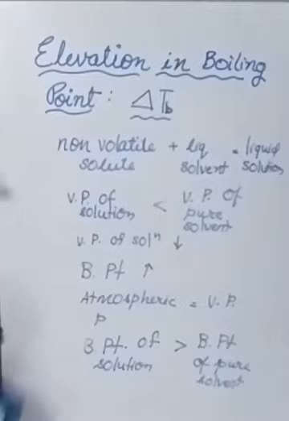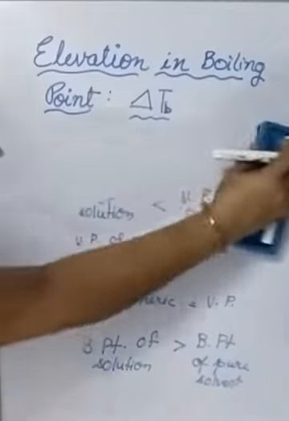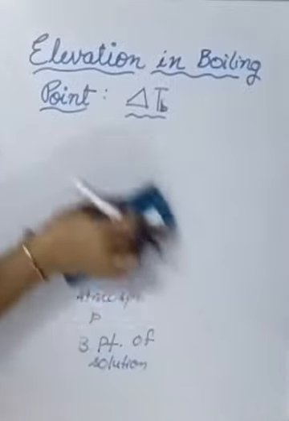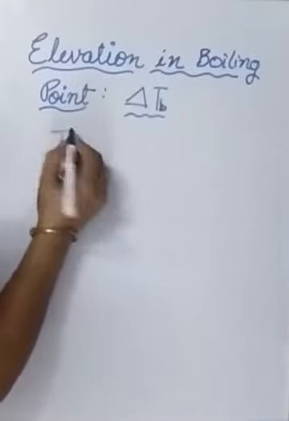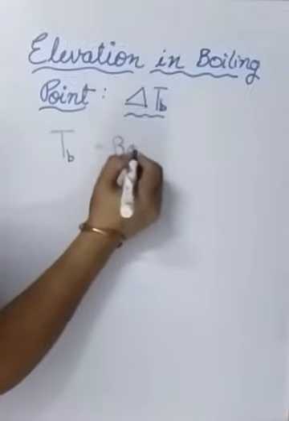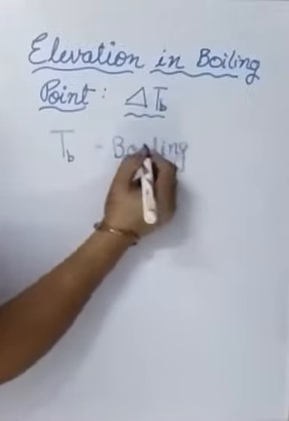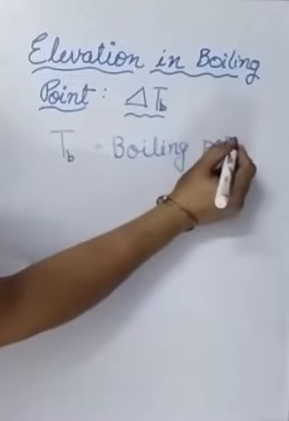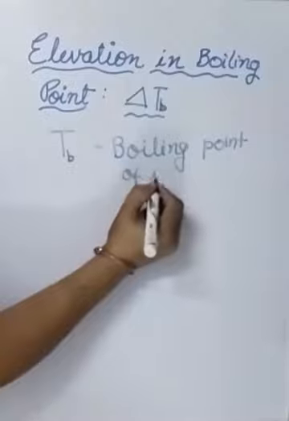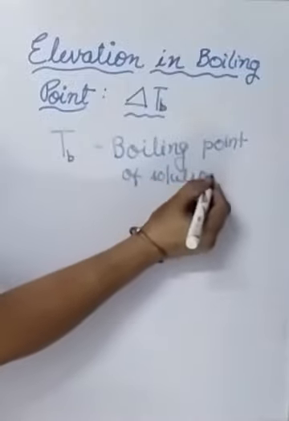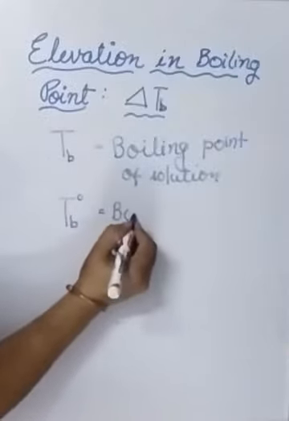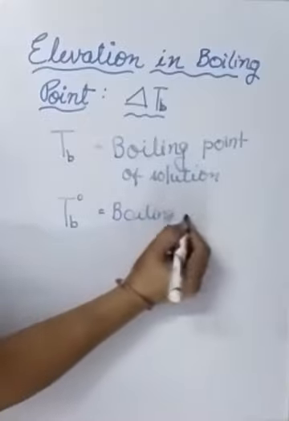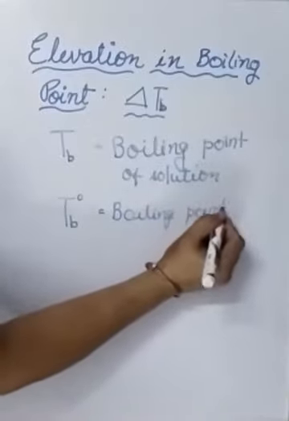If boiling point of solution is represented by Tb, let Tb be the boiling point of solution in which non-volatile solute is added, and Tb naught the boiling point of pure solvent.